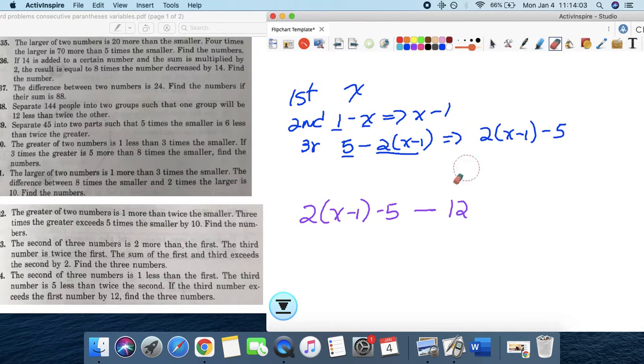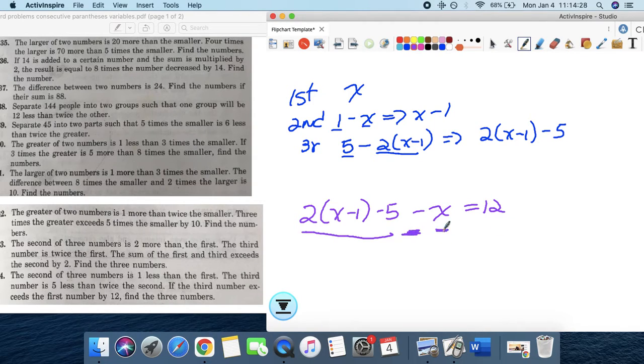Oh, sorry. The third number exceeds the first number by 12. There you go. Find three numbers. So there's my equation. The third number exceeds, minus the first number, which is x, equals 12.